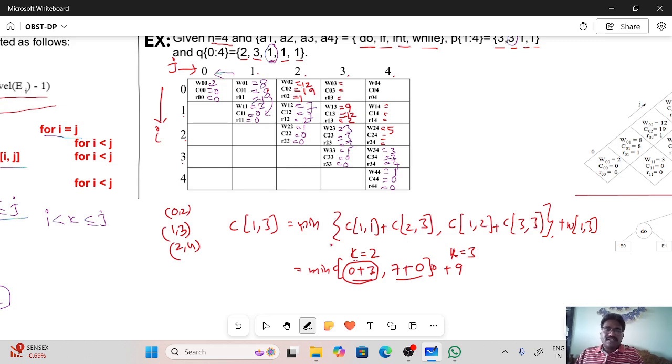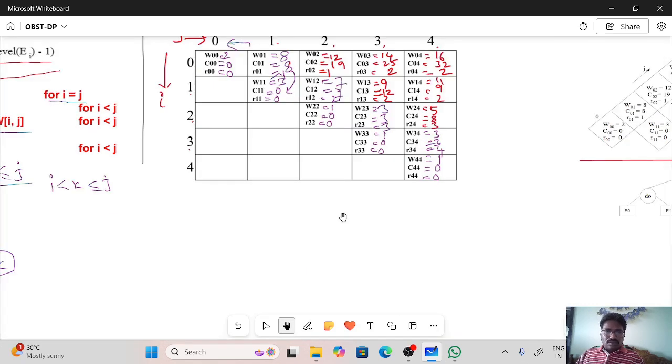The max difference is the given number of elements itself, so that is nothing but 4 minus 0 is 4. So weight of 0,4, cost of 0,4, and R of 0,4. So finally, the final value is cost of 0,4 is 32 and the root is 2. So now we are going to construct the optimal binary search tree.